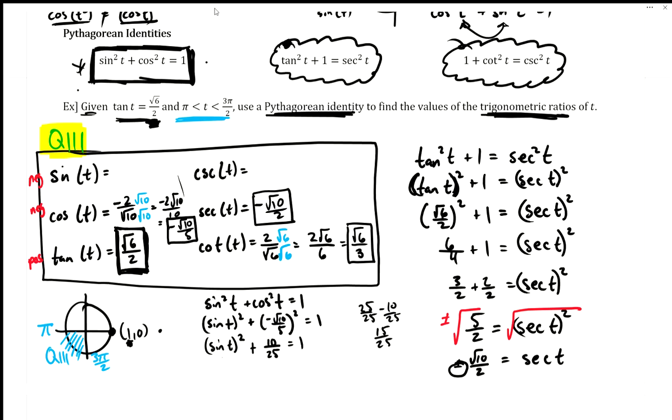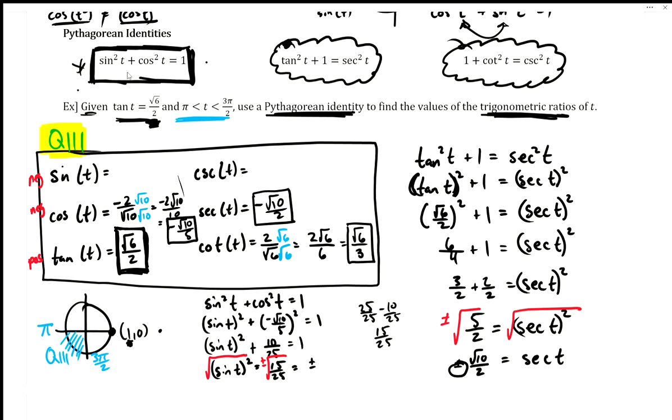And then we've got sine of t squared then is 15 over 25. And then last square root we need to do, let's square root both sides. Square rooting both sides, plus or minus square root of 15. Let's put it right here.